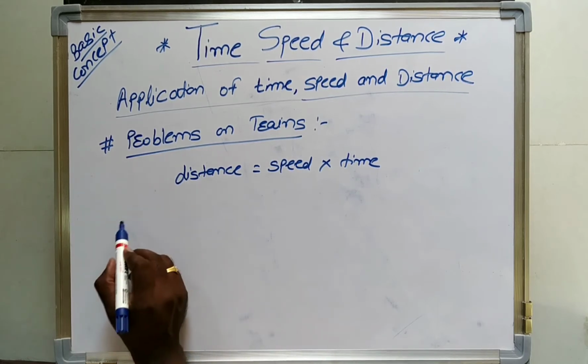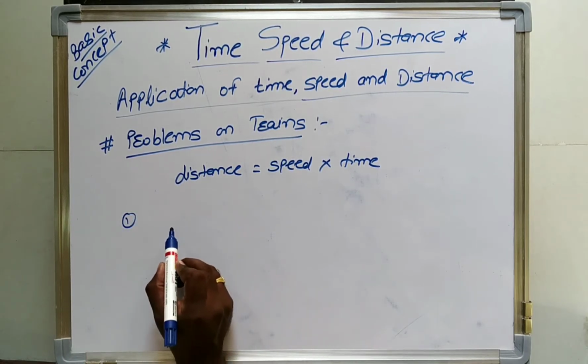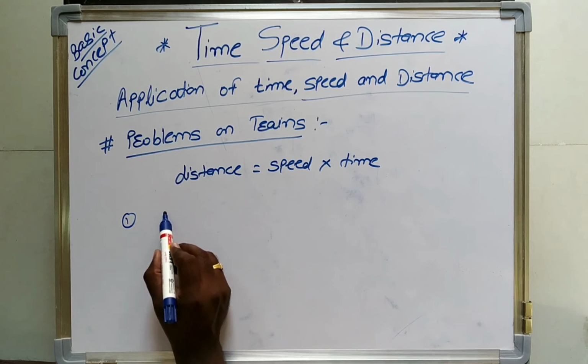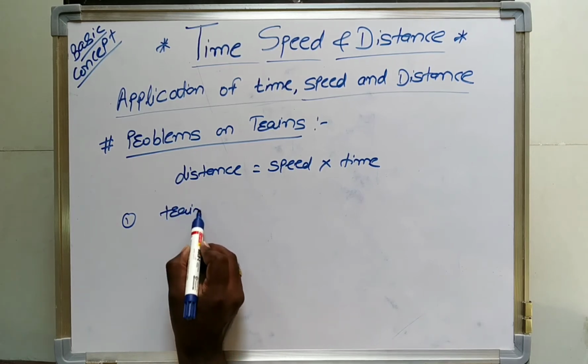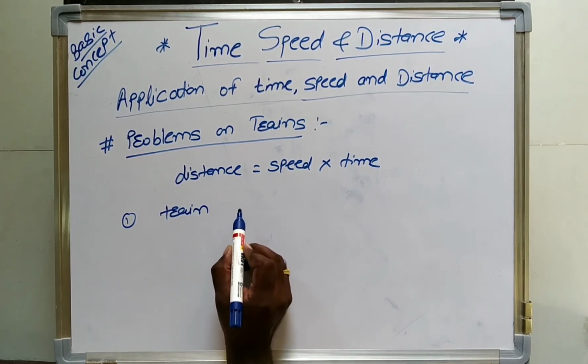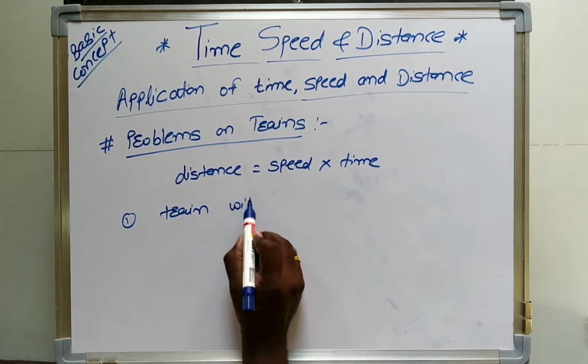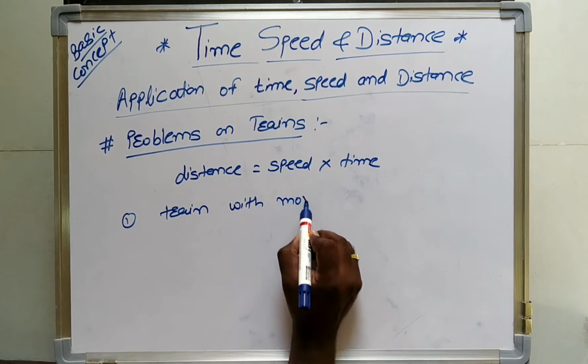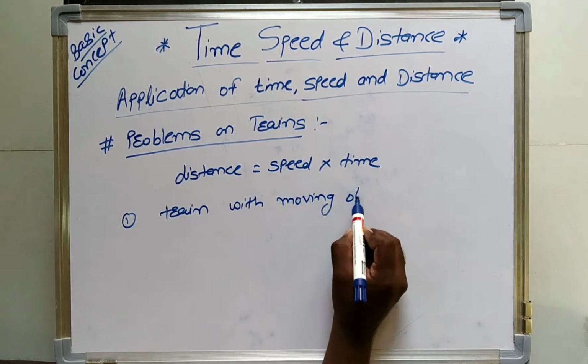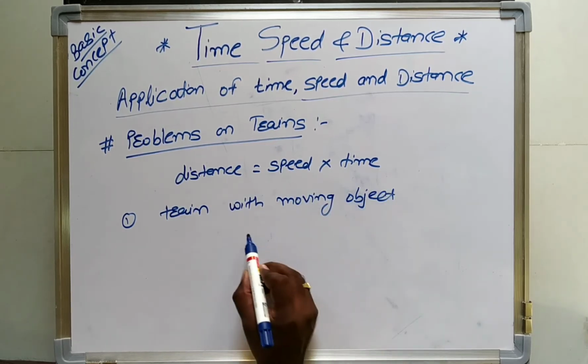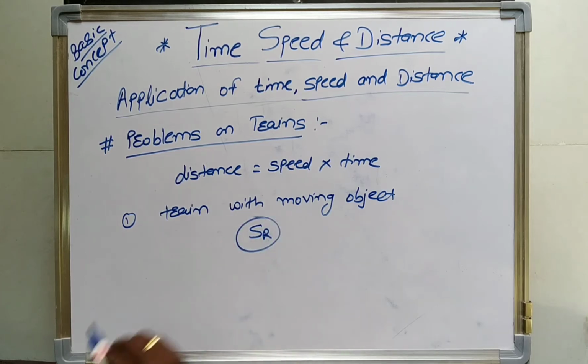Now when the train is crossing a moving object, the speed has to be taken as relative speed. If a train is crossing a moving object, at that time relative speed is to be considered.